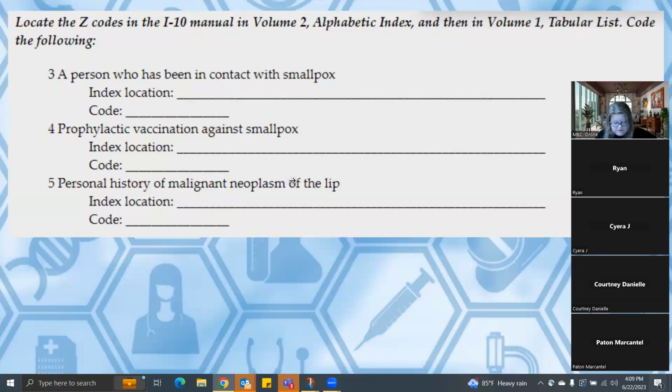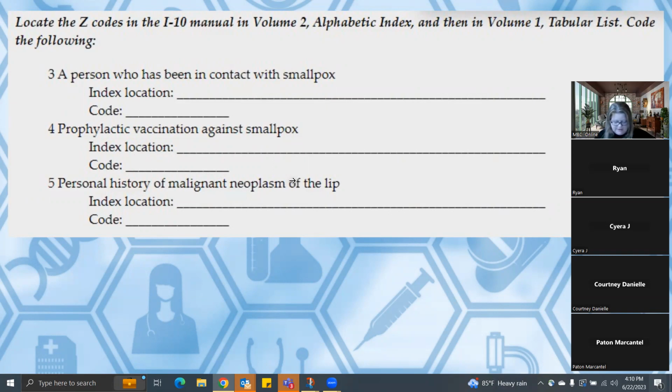So we're looking in Z20.8, and then Z20.81, contact with and suspected exposure to bacterial diseases. Smallpox is not bacterial, it's viral. So I'm going to skip down. I'm not even going to read under that. I'm going to skip down to Z20.82, contact with and suspected exposure to other viral communicable diseases. Let's look under here and see what it says. Varicella.